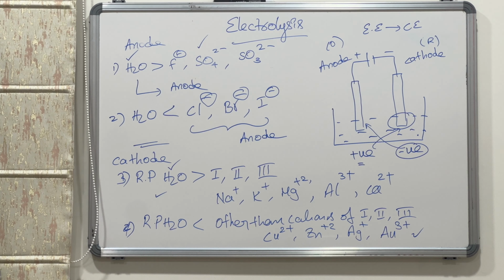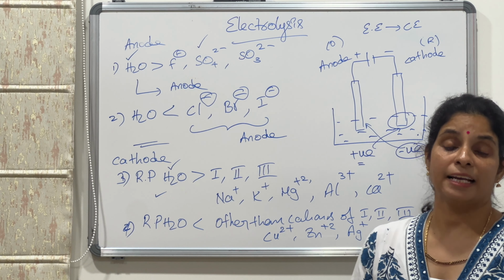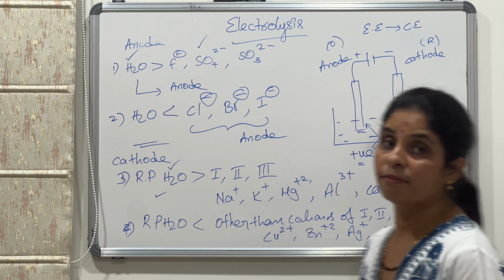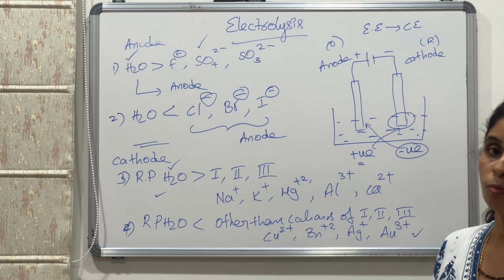These are the 4 rules. If you remember these 4 rules, you can write the electrolysis products very easily. We'll discuss some examples, then this will be clearer to you.